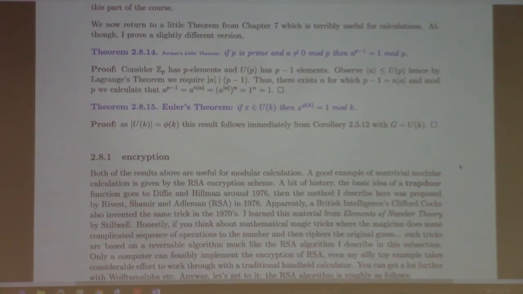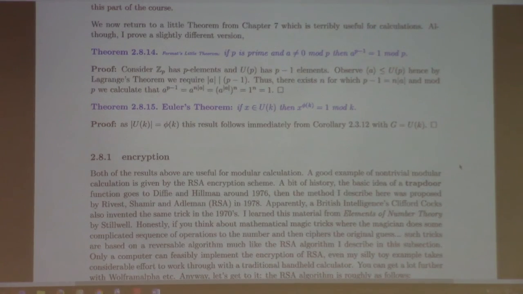All right. So some unfinished business for Fermat's Little Theorem. If p is prime and a is not equal to 0, then a to the p minus 1 is equal to 1 mod p. The proof of this is not hard. So Zp has p elements, Up has p minus 1 elements. If you look at the subgroup generated by a, it's a subgroup of Up.